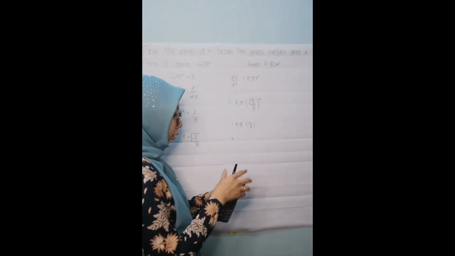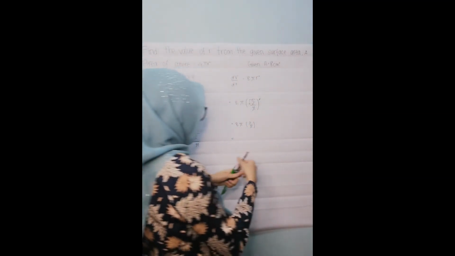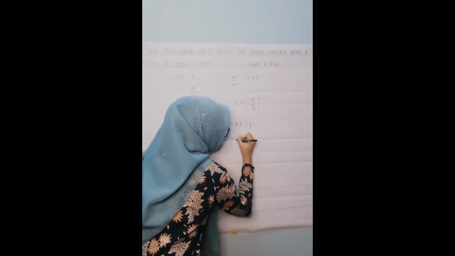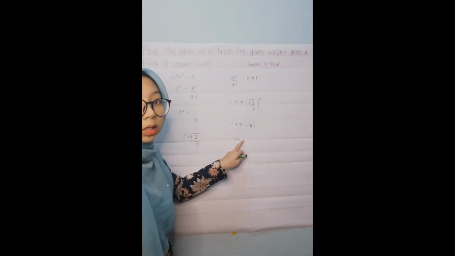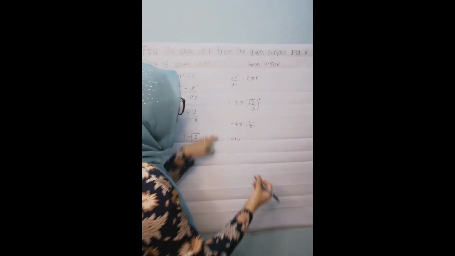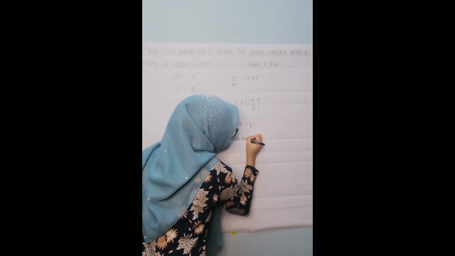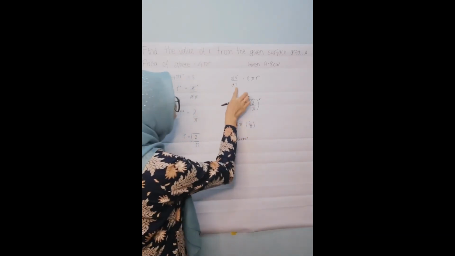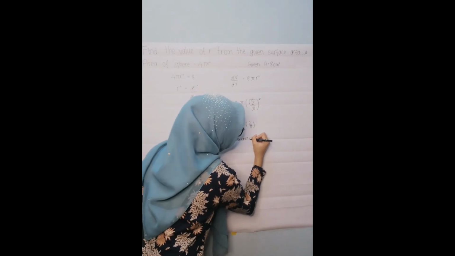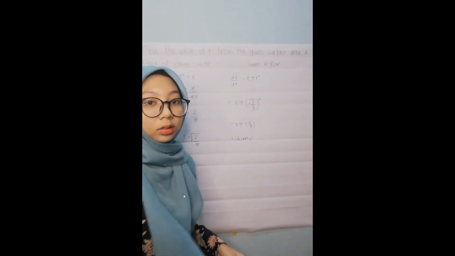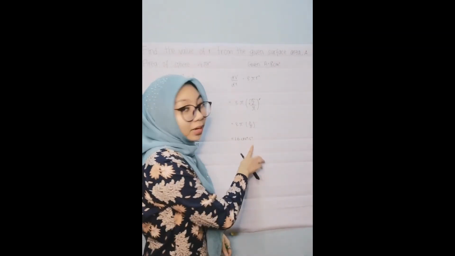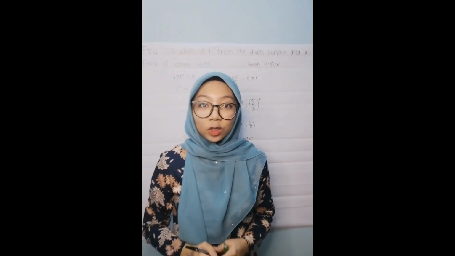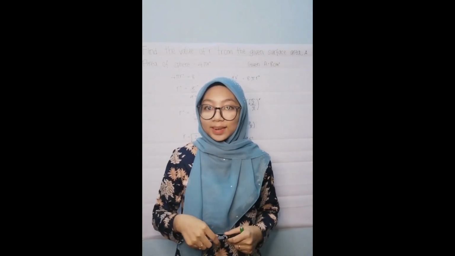The answer is 16. The unit of dV is centimeter cubed and dt is per second. So the answer is 16 centimeter cubed per second. Thank you for this part.